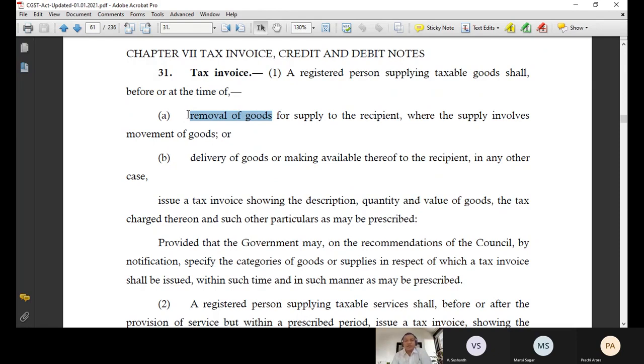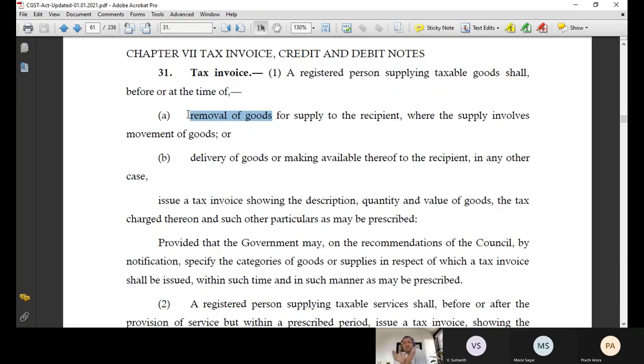If today I have purchased the laptop at 11 a.m., and at 5 p.m. the tax invoice is issued to me, it is also wrong. At 11 a.m. I purchased the laptop, I took it to my home, and at 5 p.m. if you are issuing the tax invoice, then technically you have not followed section 31 subsection 1.